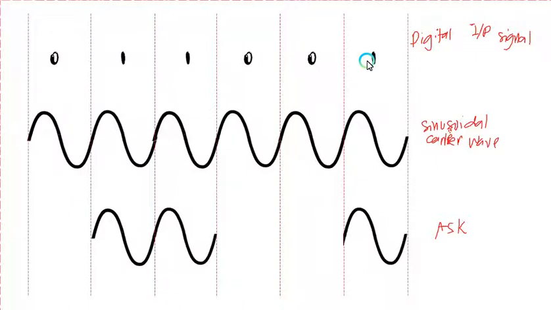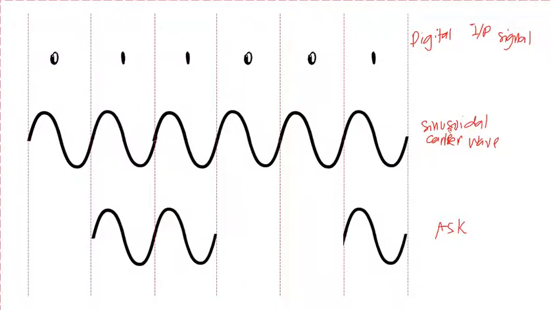So i-modulate naton ang aton nga sinusoidal carrier wave with your digital input nga signal nga 011001. So this image shows your ASK waveform or your modulated signal.